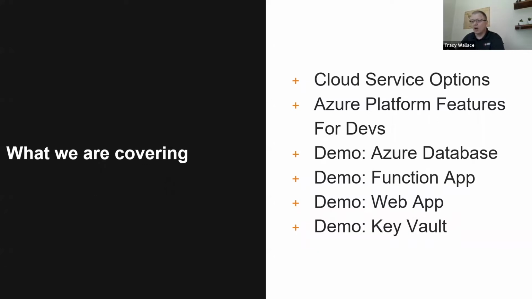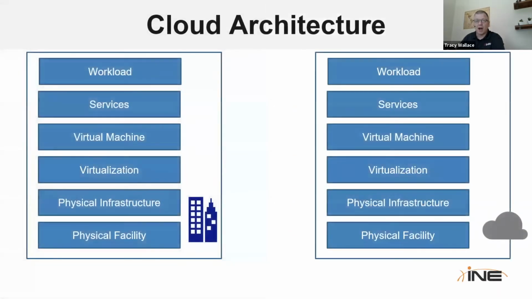Okay, so without further ado, I actually want to start out talking about the cloud architecture. With this slide, we have two different examples of frankly the same thing: an on-premises stack and a cloud stack. It doesn't really matter what your stack is.